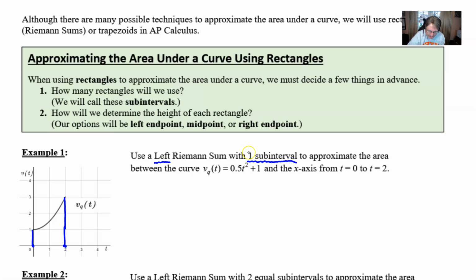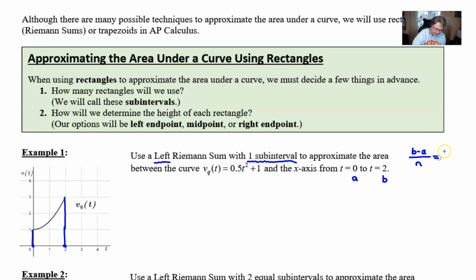Because we're only going to use one subinterval, I have a really fancy way to figure out what the width of that subinterval is going to be, although it's not a big mystery here. If you take the beginning point, often referred to as A, and the end point, often referred to as B, and by those points I'm talking about along the t-axis, we could subtract those from each other and divide by the number of subintervals, which I'm going to call n.